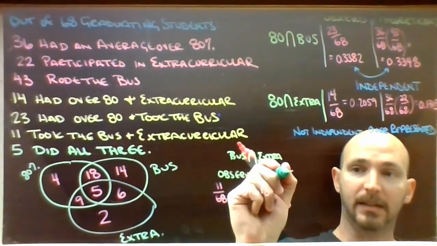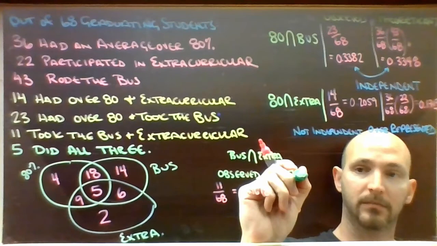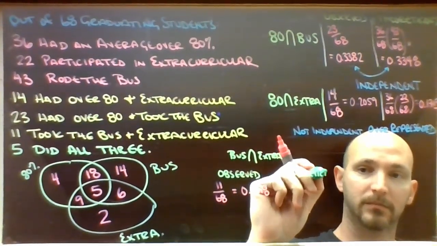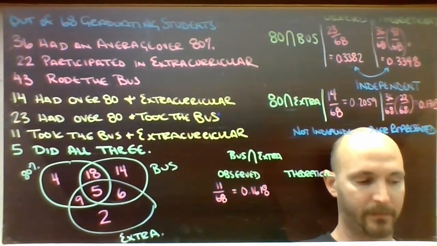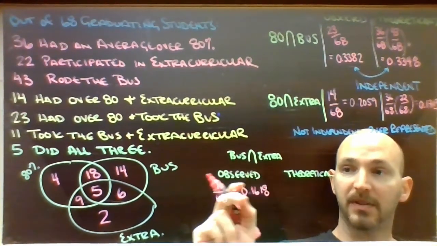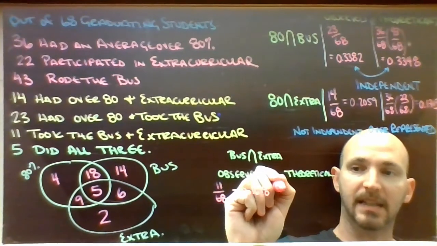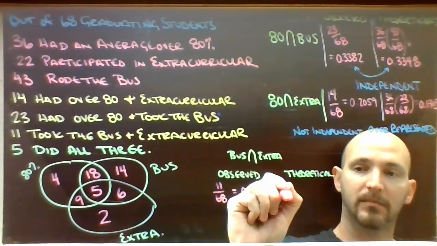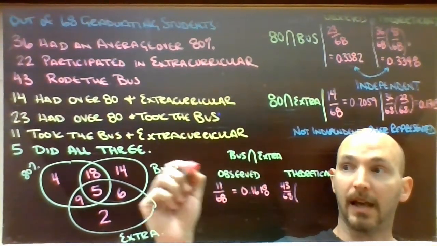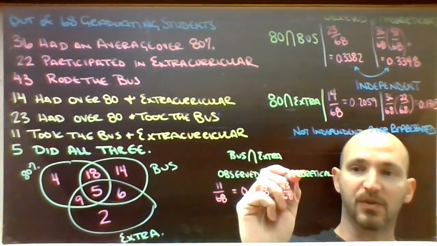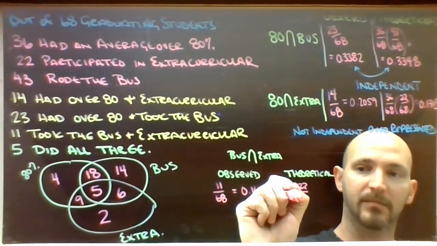And theoretically, I should be able to take the probability of being on the bus, that's 43 out of 68, and participating in extracurricular, which is 22 out of 68.